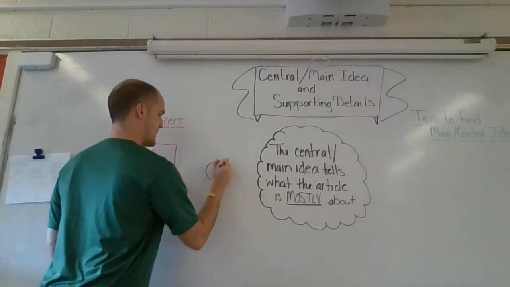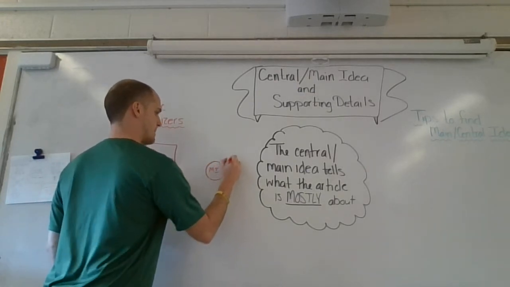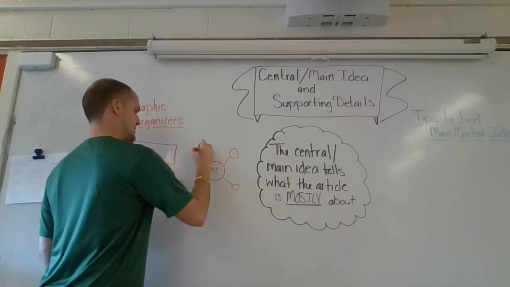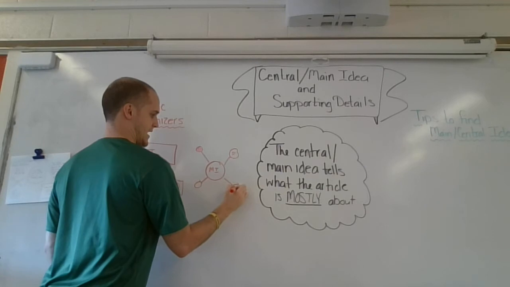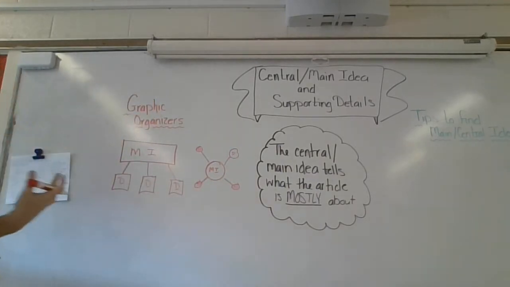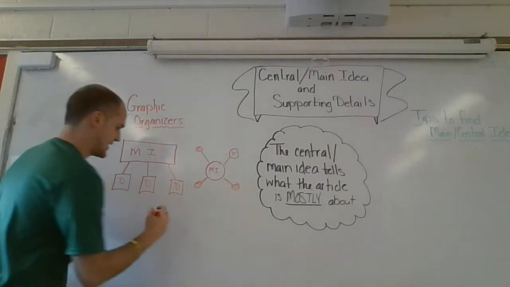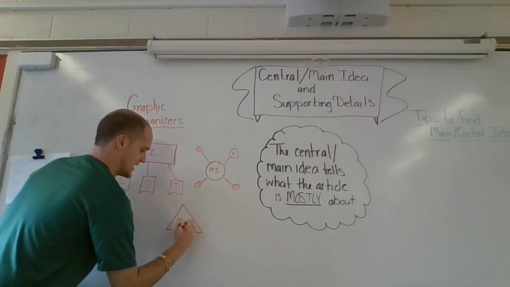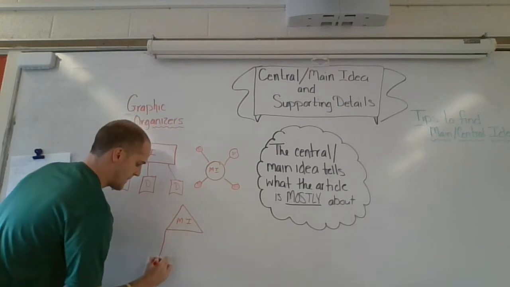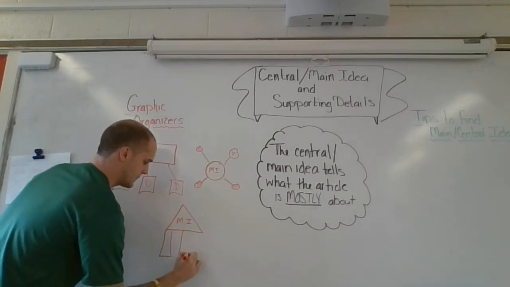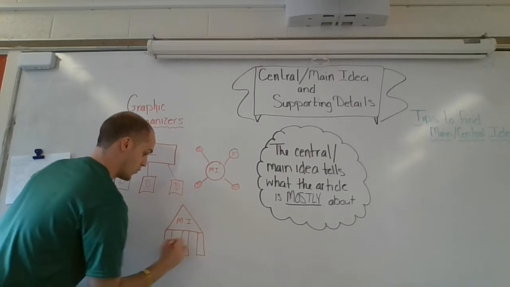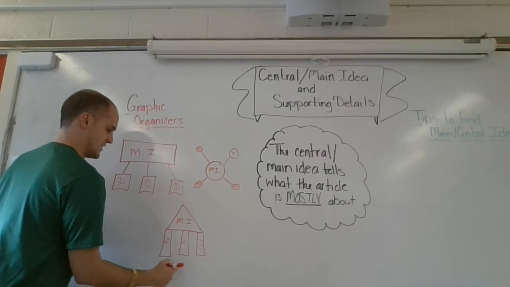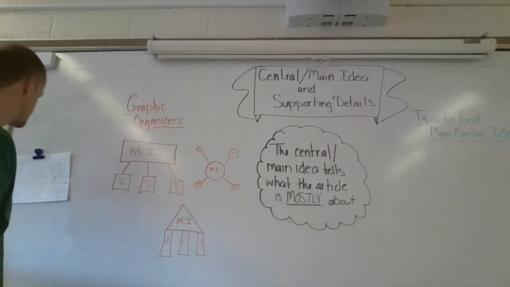You can use the web method, where your main idea is in the middle and then you've got your details sprouting from there. The one that I really like is the house, where you have your main idea here. Then you've got pillars that are holding it up, or supporting details. So you've got your main idea and then your supporting details down there.